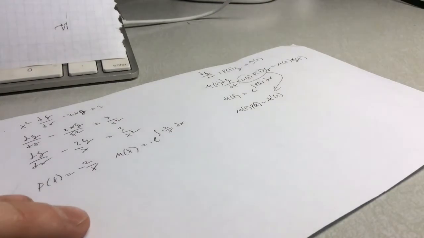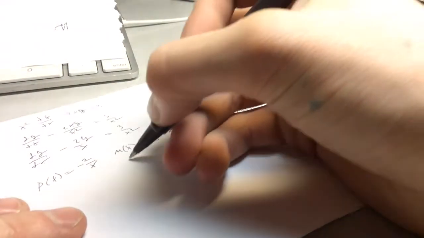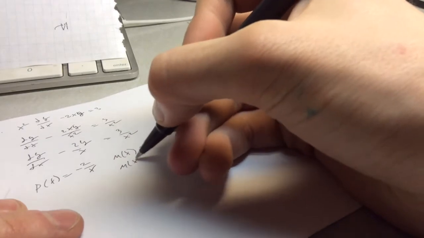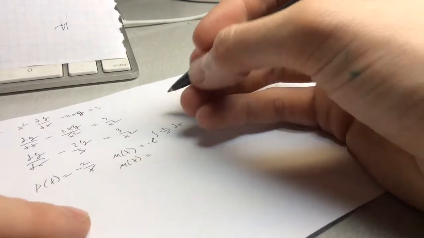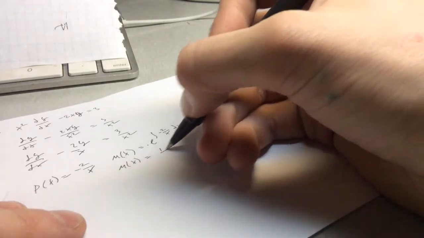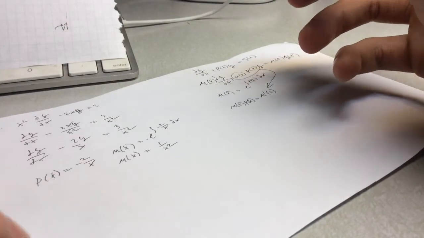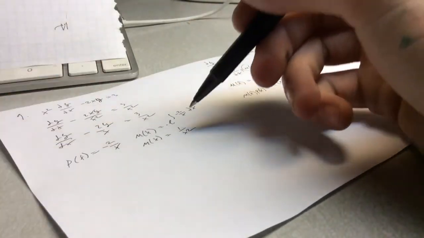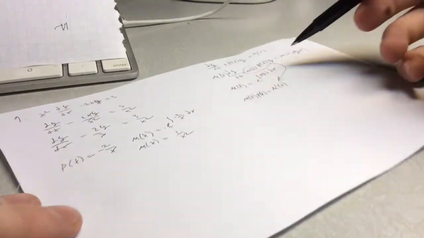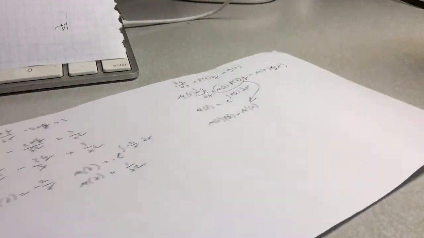Taking that integral, we get mu of x equal to just 1 over x squared. Knowing mu of x is 1 over x squared, we can take that term and multiply the rest of the differential equation, where we have it looking like this.